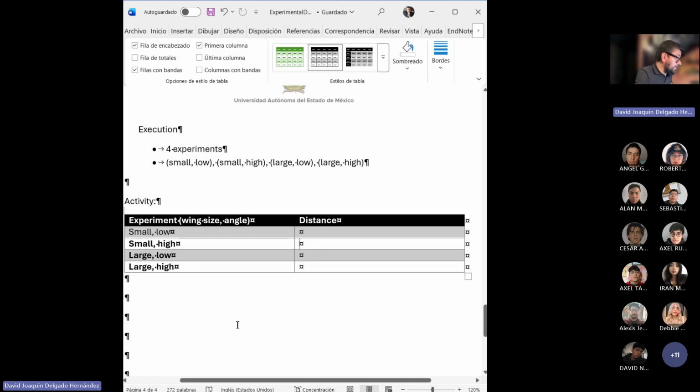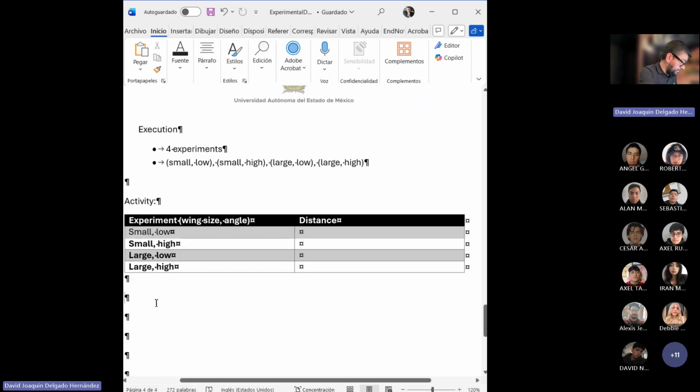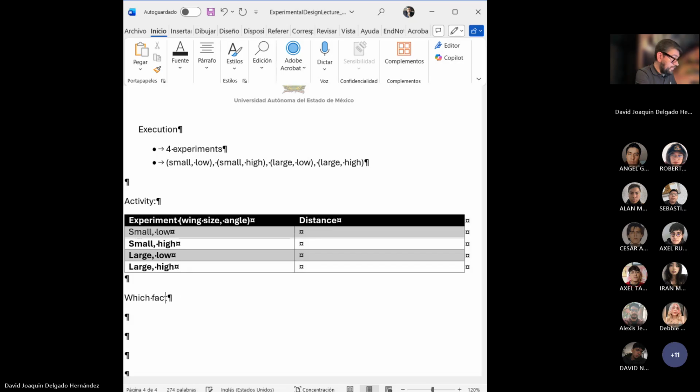And the question that I would like you to answer is the following. Which factor mattered most? Wing size, or the angle? Which of these 2 factors matter the most in order for the airplane to fly the longest? Okay, so let us carry out this activity.